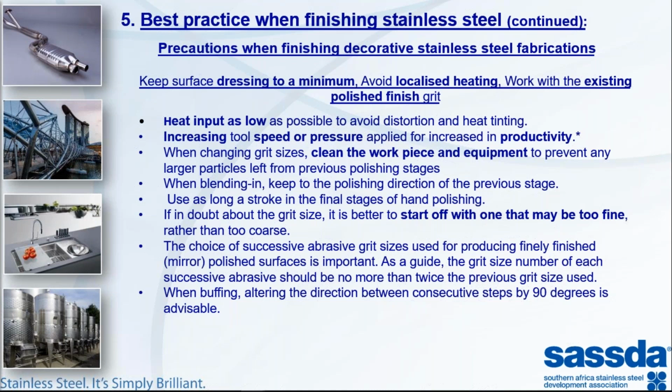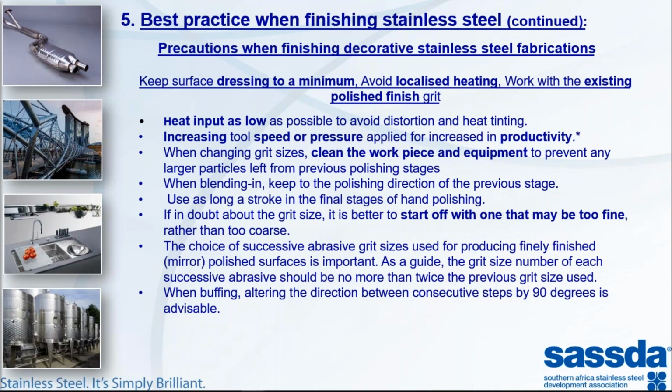So if you've got to start and blend in a piece of material, then we must be very careful not to go for too rough a grit size. So rather start off with one that might be too fine, rather than one that is too coarse. The choice of the successive abrasive grit sizes to get to that final finish is also very important.